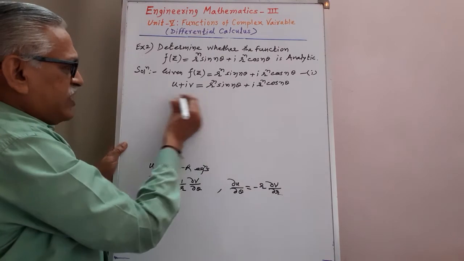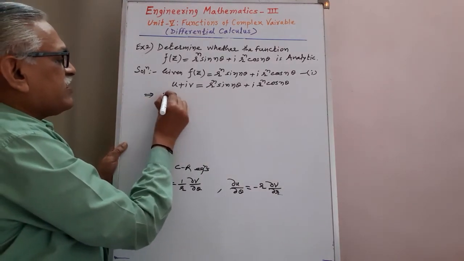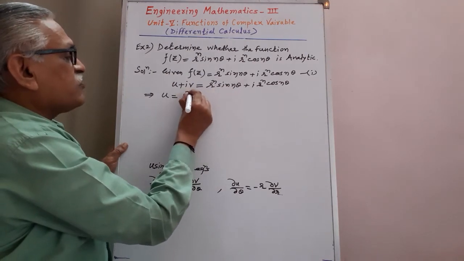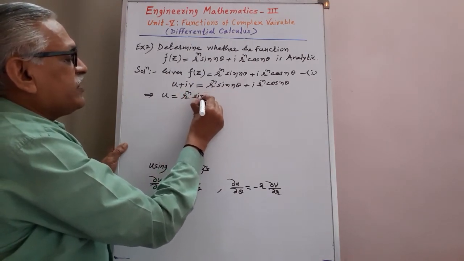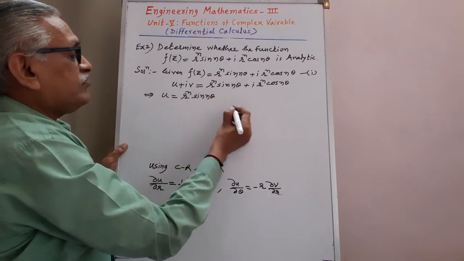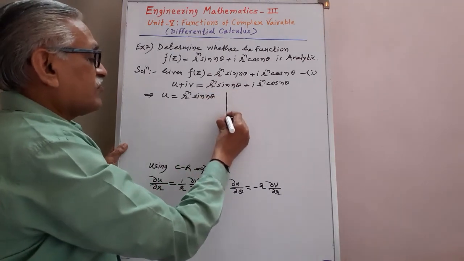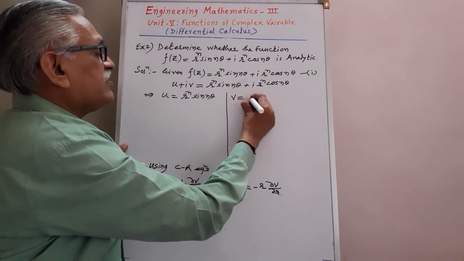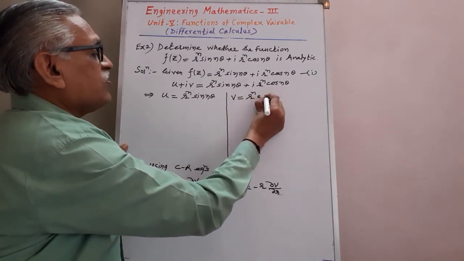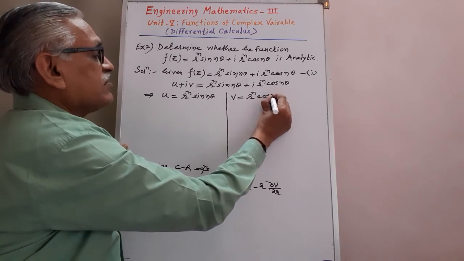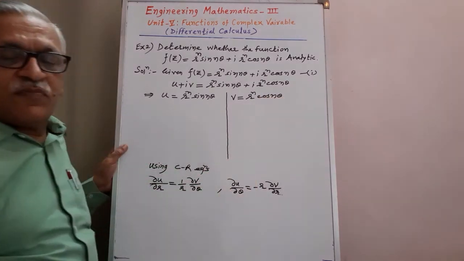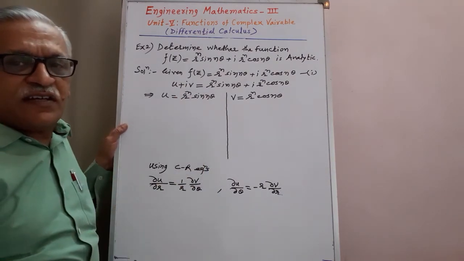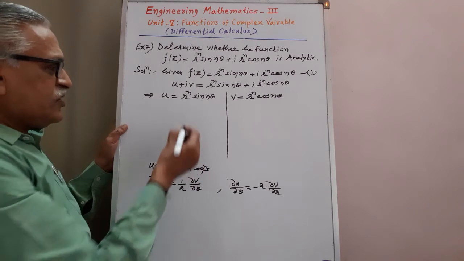And then comparing two sides, we get real part u is equals to real part on the right hand side as r raised to n sine of n theta, and then v is equals to imaginary part as r raised to n cos of n theta. Here both are functions of r and theta, and as it is function of r and theta, we can differentiate it with respect to r and theta.